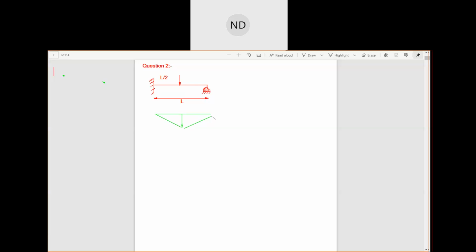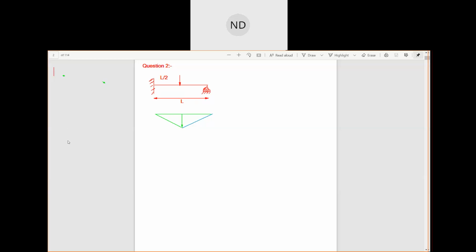Now the deflection is here. We have this angle theta. This is L, you know already. This is L by 2, L by 2, and this entire is L.